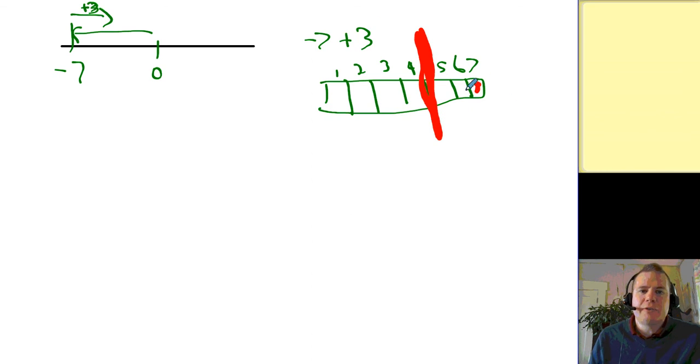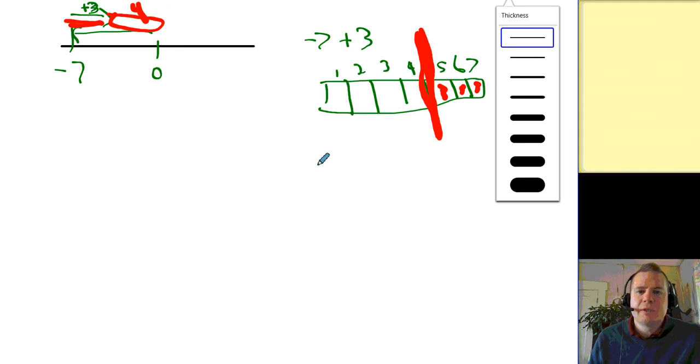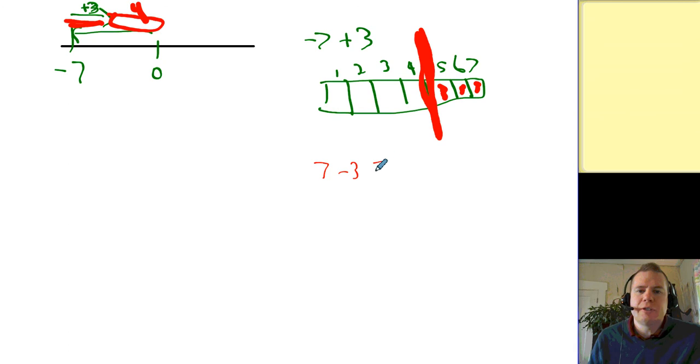If I get rid of those last 3, how much is left? 4, right? 7 is made up of 4 plus 3 more. So if this is the 3, what's left is 4. I'm doing 7 take away 3 to get 4. I'm moving 3 less than that total of 7, but that takeaway is still leaving me in the negative direction.